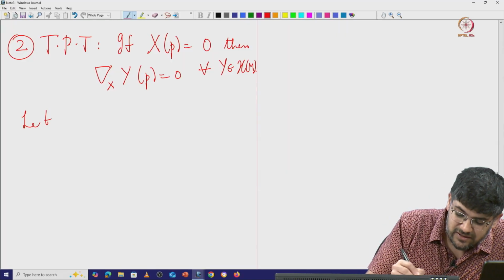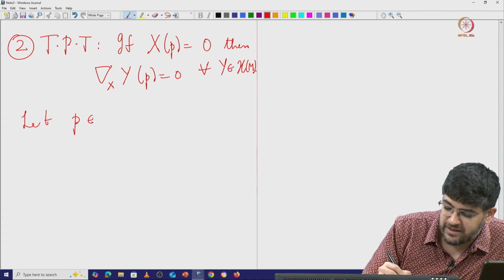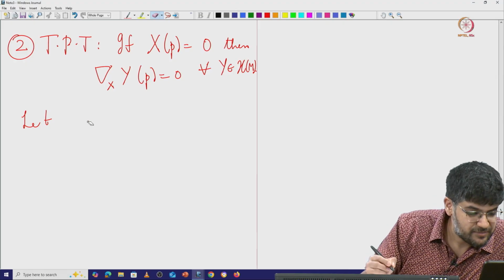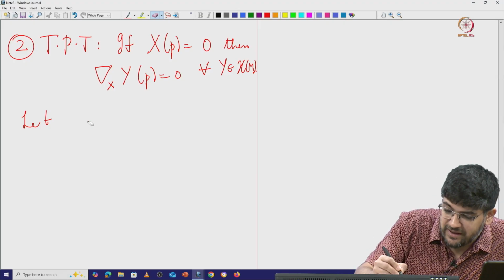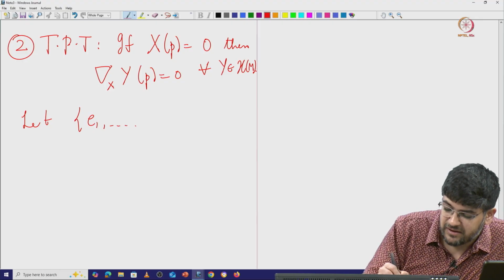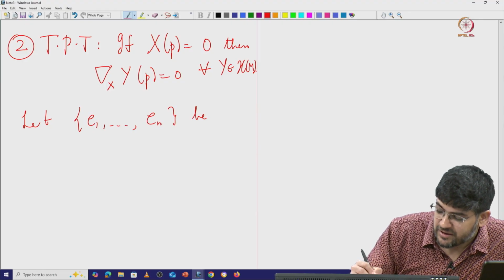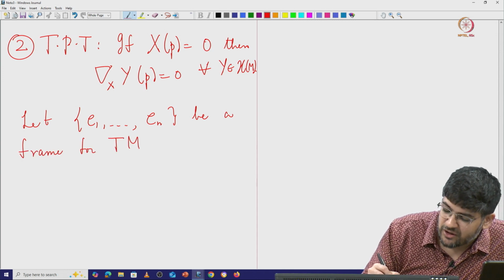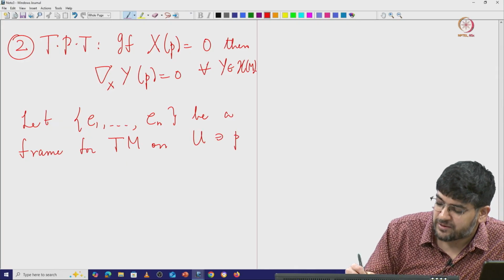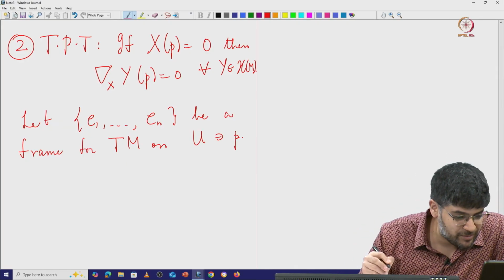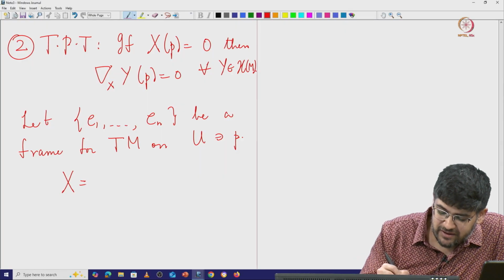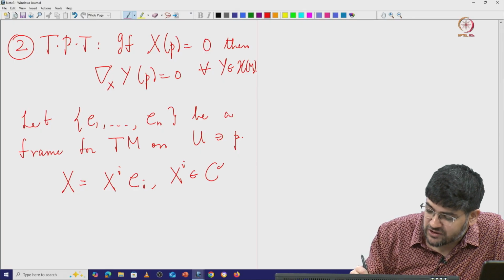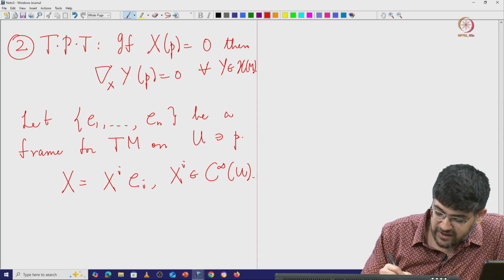Now let P be a point, and let E1 up to En be a frame for the tangent space on some open set U containing the point P. So then I can represent my x as x^i e_i, where x^i are smooth functions on this open set U, right.